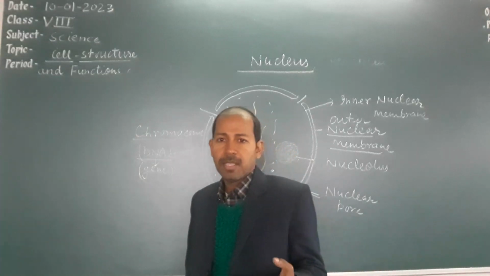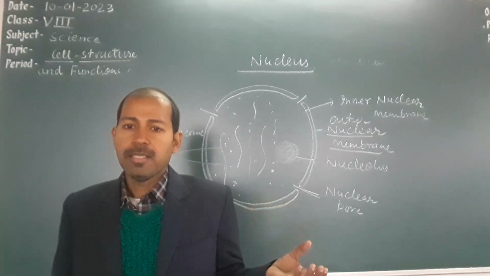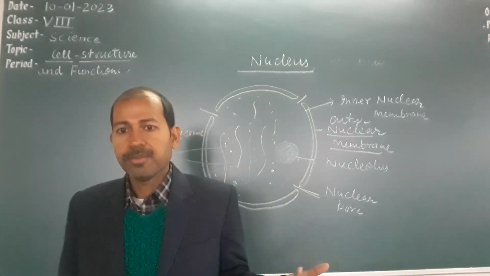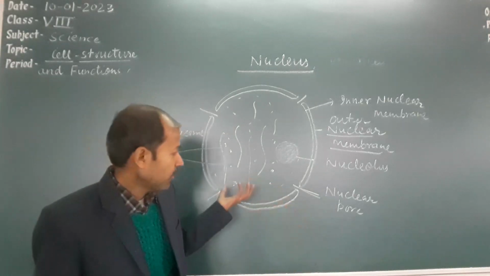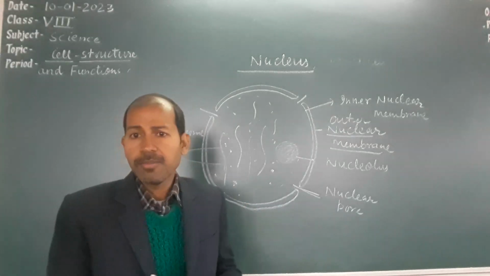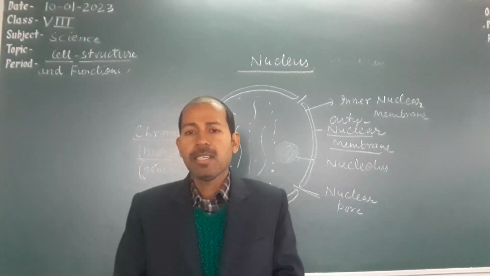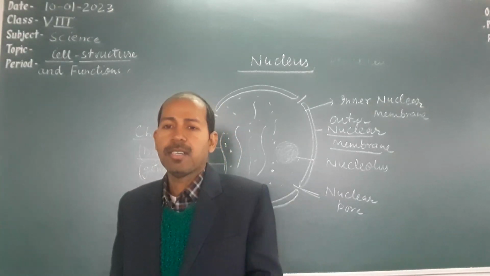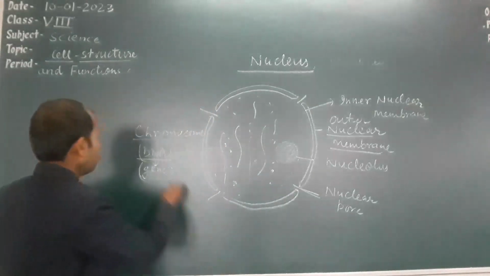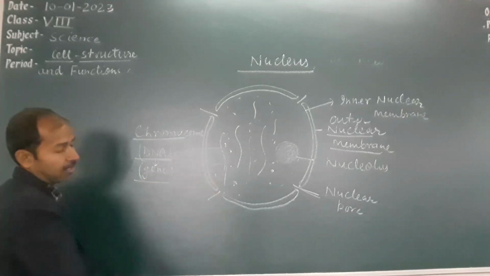You know, skin color is completely tied up with your parents, height, sometimes so many characters are obtained from the parents. So transmission of character from the parents to their children or offspring is due to the chromosome, and chromosome contains DNA and DNA contains gene.